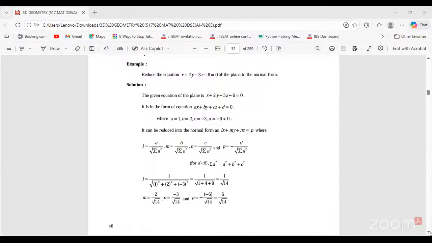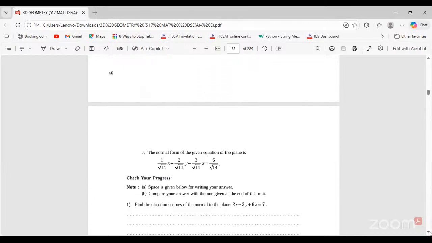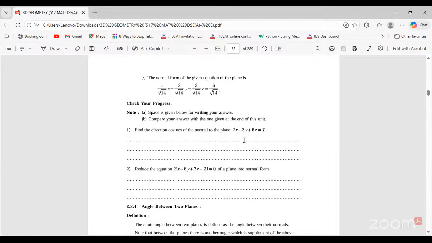L value is 1 by root 14 x, M value is 2 by root 14 y, and N value is minus 3 by root 14 z, and this is the P value, 6 by root 14.